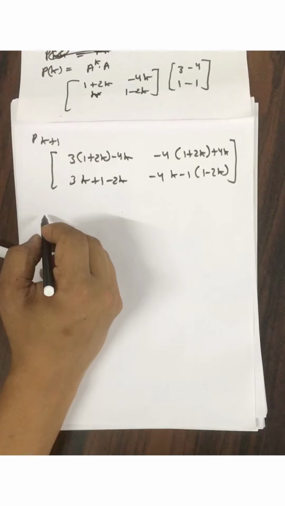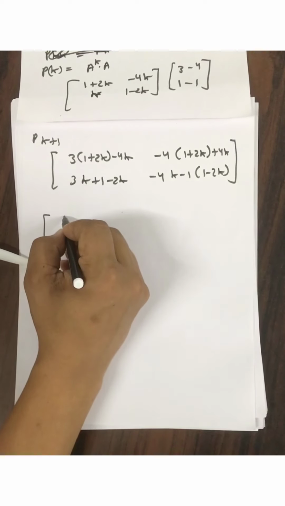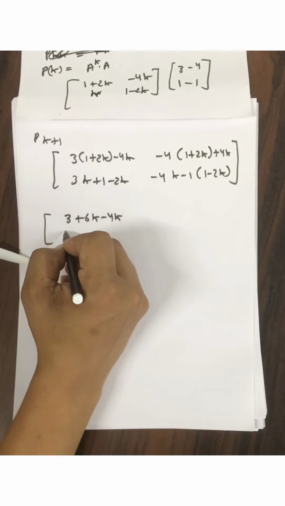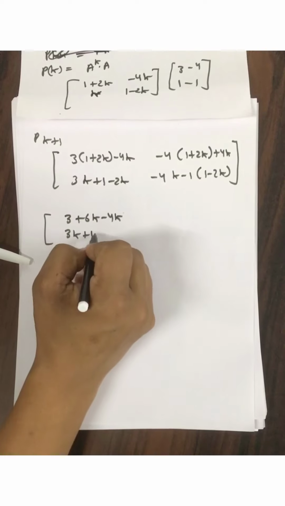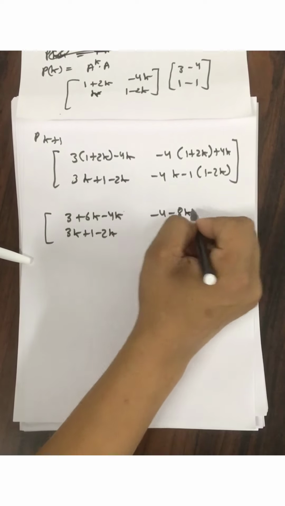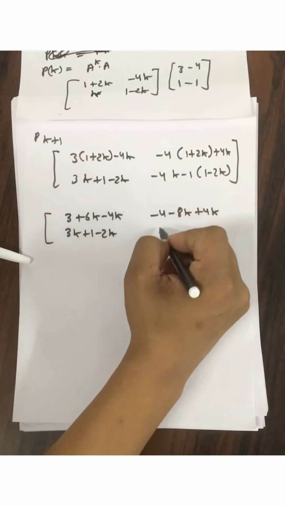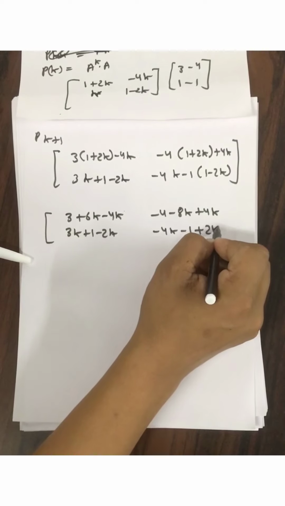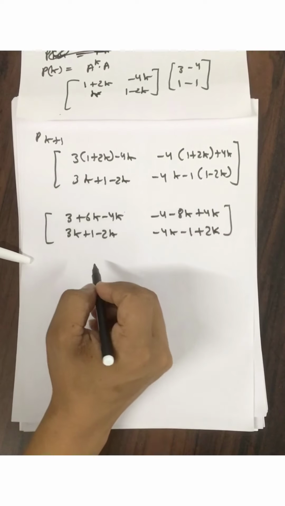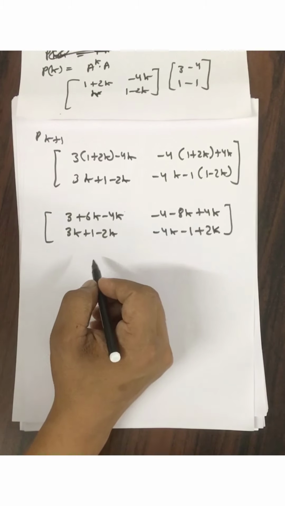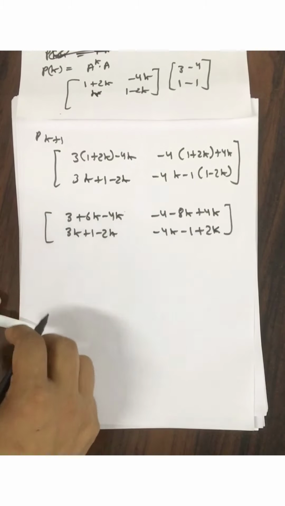How much will this be? Then you can take 3 plus 6k minus 4k, and this will be 3k plus 1 minus 2k. This will remain like this, will become minus 4 minus 8k plus 4k, minus 4k minus 1 plus 2k. This much is clear. Now subtract it. How much will this be?